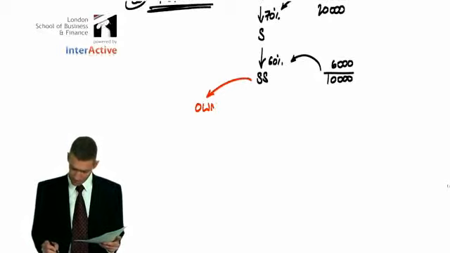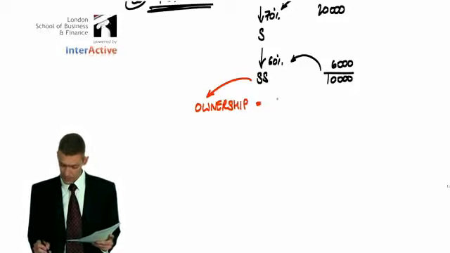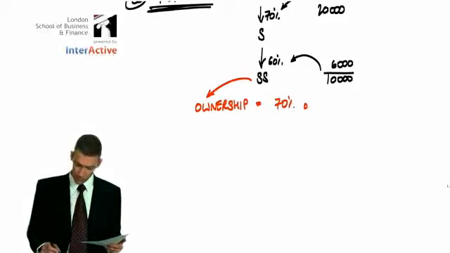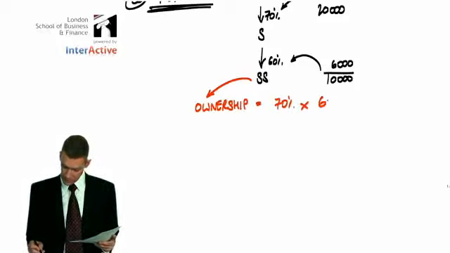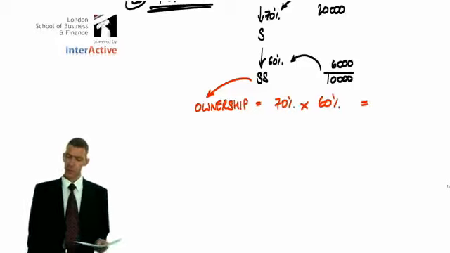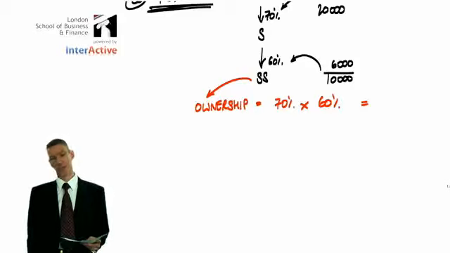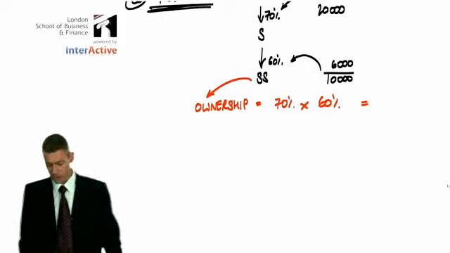The ownership of the group in the lower entity, SS, is 70% of 60%. What is that figure? 6 times 7 is 42? Oh, my maths is falling apart.